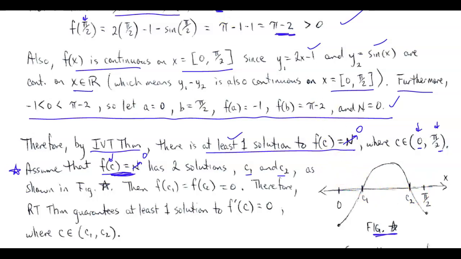I just care about what the function should roughly act like in between x equals 0 and x equals pi over 2. So if I say that I have two values, c1 and c2, to where if I plug them into my function, I'm going to get 0 for an output, then that means that the corresponding y values for these x values here have to be 0. Hence, I have to have x-intercepts here and here, okay?